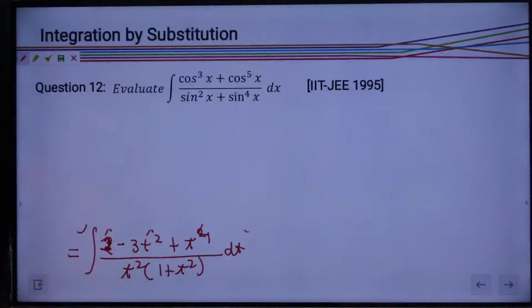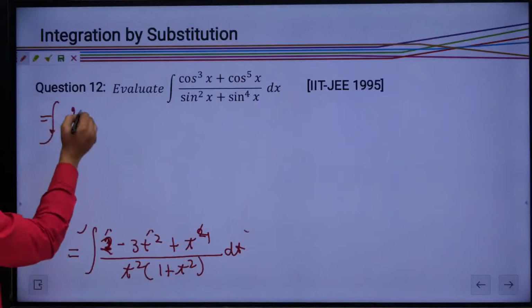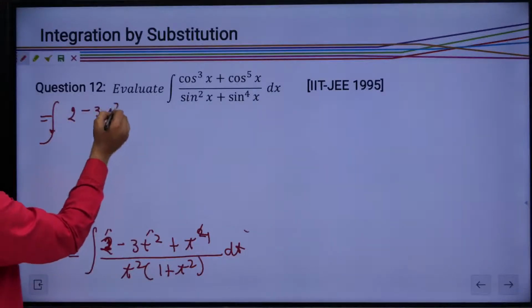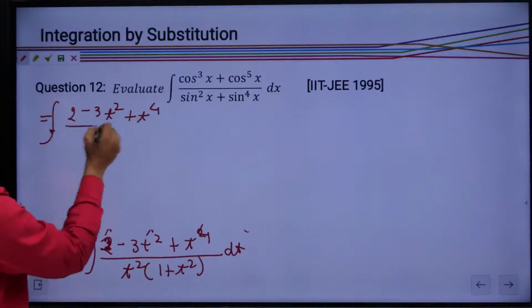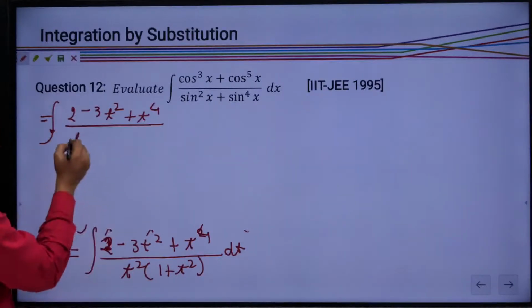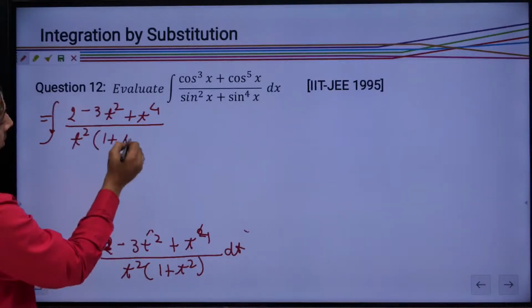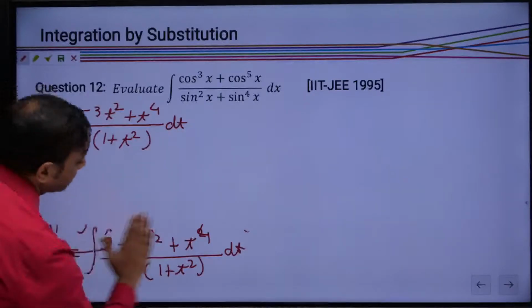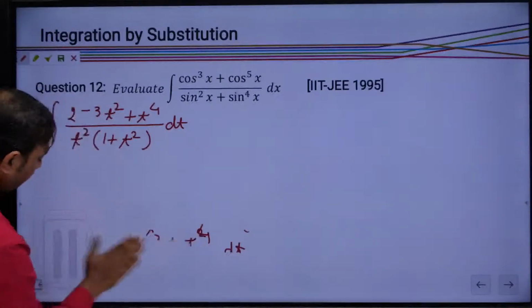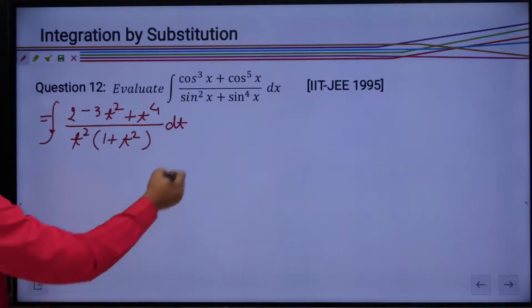So this is the term we have: the integration of (2 minus 3t square plus t4) upon t square (1 plus t square) dt. Okay, we need to integrate it from here.